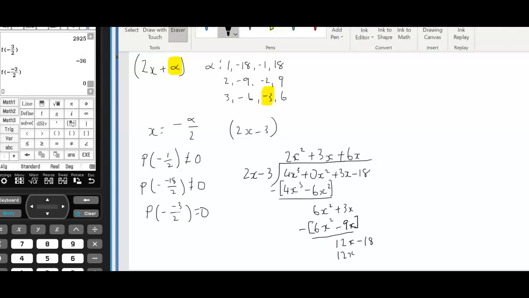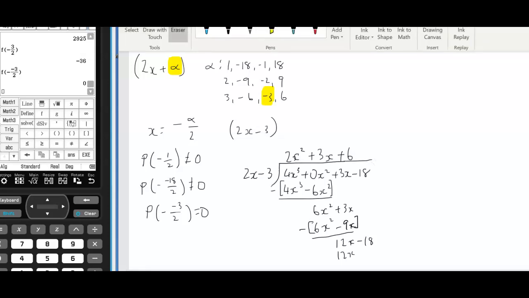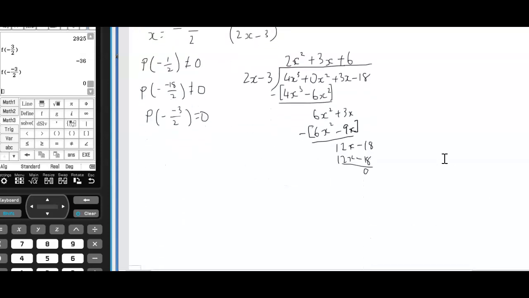Sorry, I just realized I made a mistake. Let me rub out that x there. So 12x, and 6 times negative 3 is negative 18. Basically, you do want to end up with 0 because 2x minus 3 is a factor. If you didn't get 0, you've made a mistake somewhere along the line.